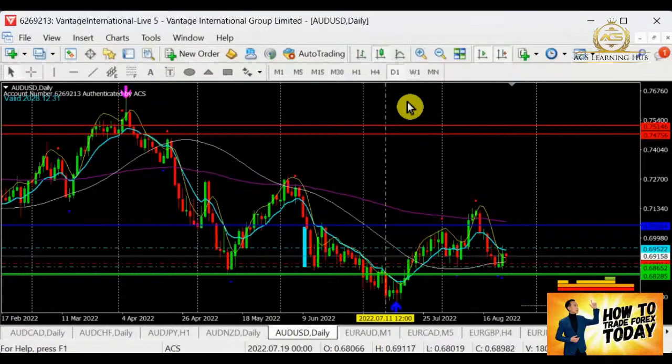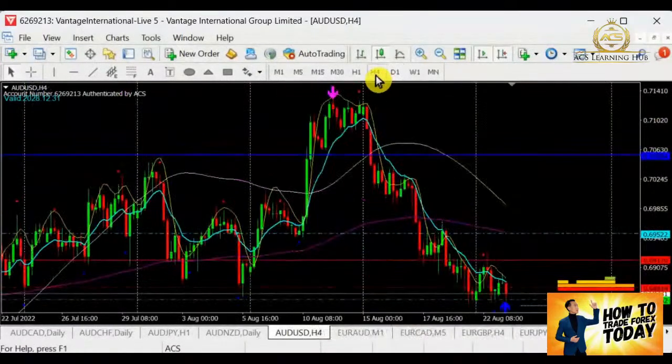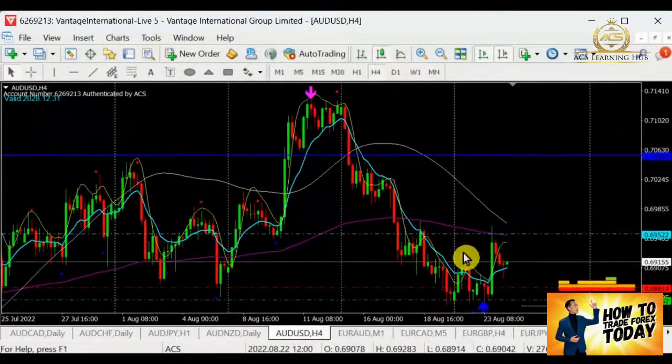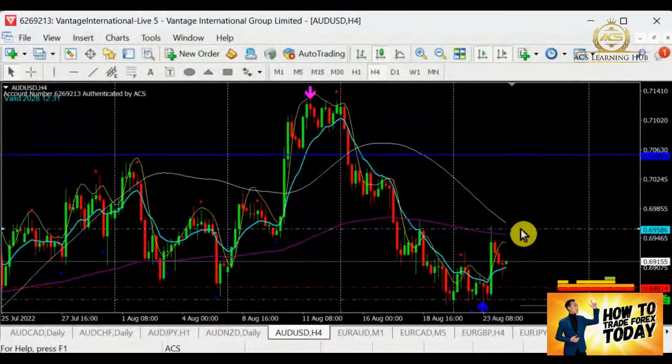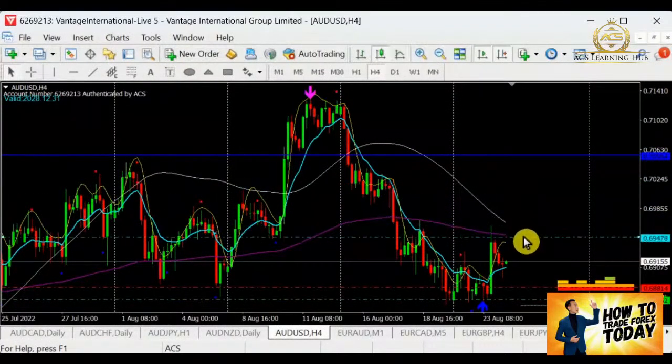For Aussie dollar, as we can see, tentatively it is still in the bull. The bull has already tested the support for the past 2 days and escalated up, and now we are hitting on the resistance. Yes, this is what I projected. This is the area that I projected to see.